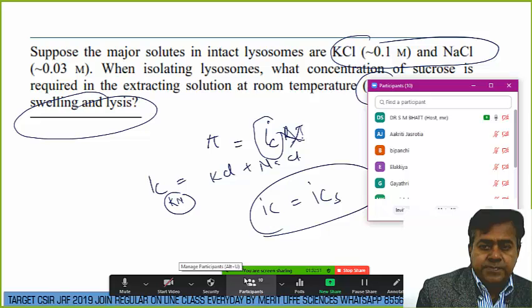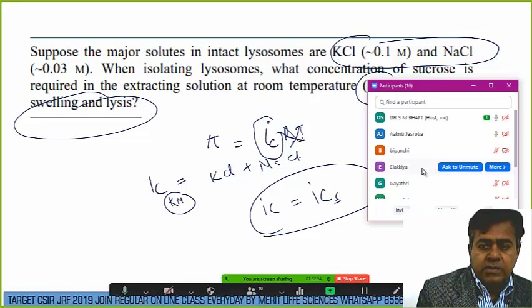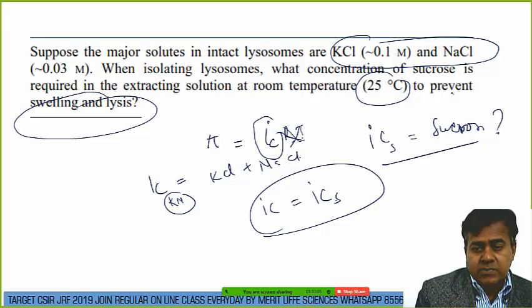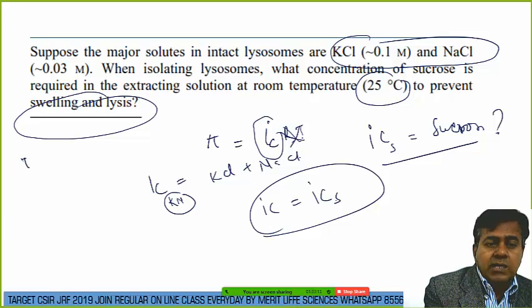You can unmute yourself, no problem, because this is a kind of discussion. This is not going to be very tough, this is very easy. I am not going to do any heavy mathematics. We have seen that if there is a mixture of solutes, then we can add up those iC values, iC1 plus iC2.